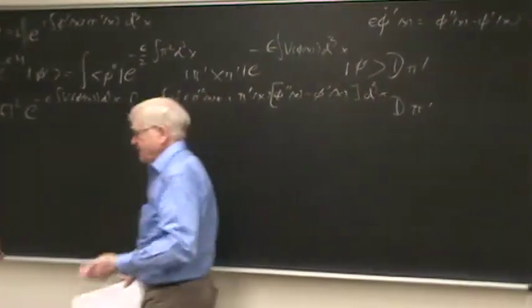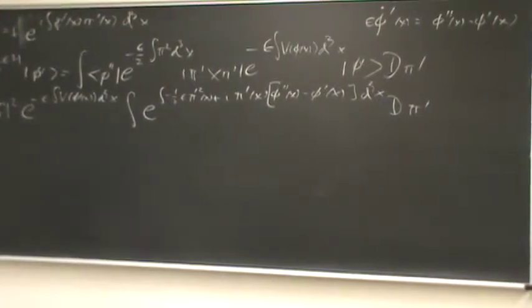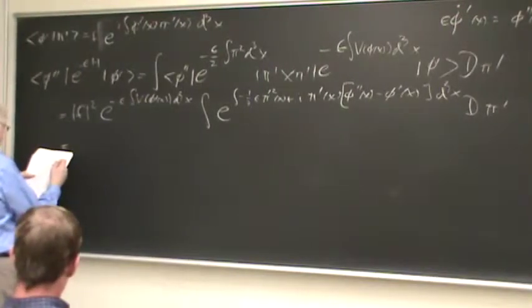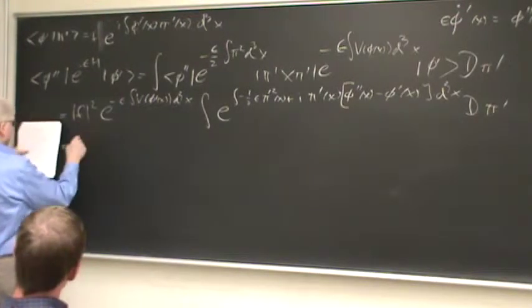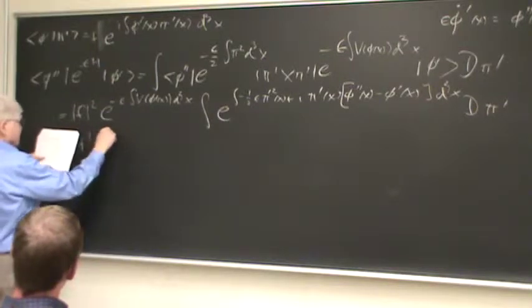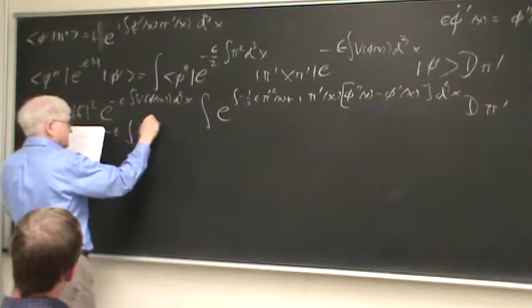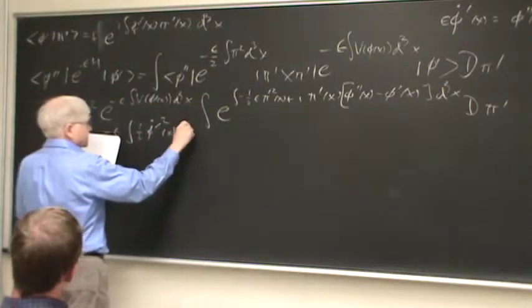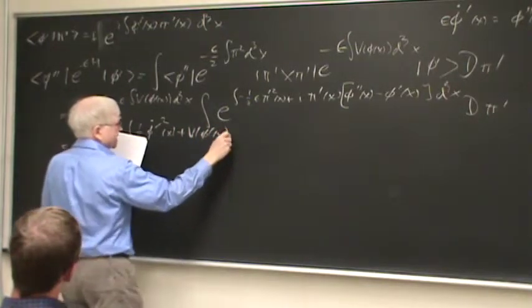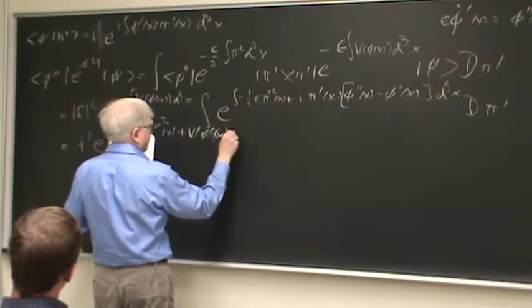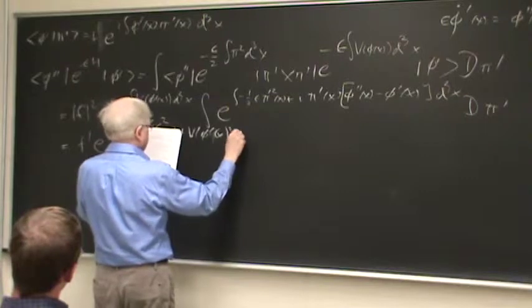So we associate that jump with an epsilon phi dot prime, and then this thing is some other factor which I called f prime, e to the minus epsilon integral of 1/2 phi prime dot squared of x plus V of phi prime of x, d cubed x.